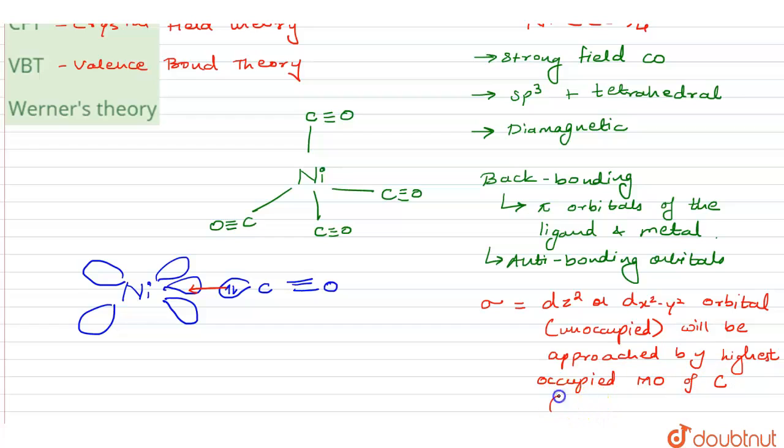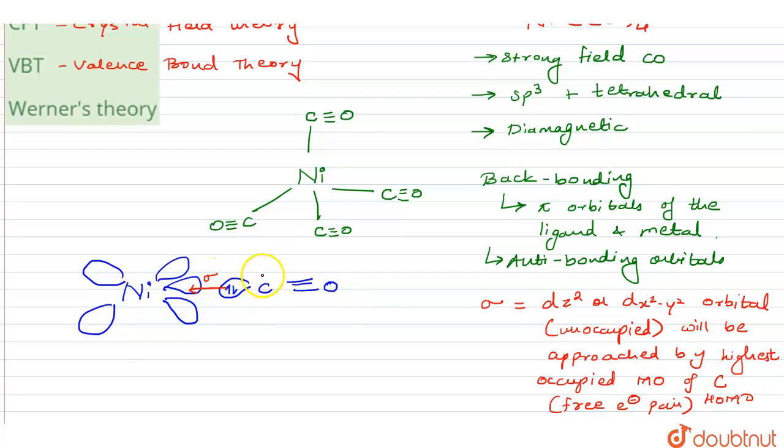There's a free electron pair over there. So it's called HOMO, that is highest occupied molecular orbital. And this is going to be your metal orbital, which is unoccupied. So that's your LUMO. This is going to be approached by the carbon. It donates its electrons and hence gives rise to a sigma bond.